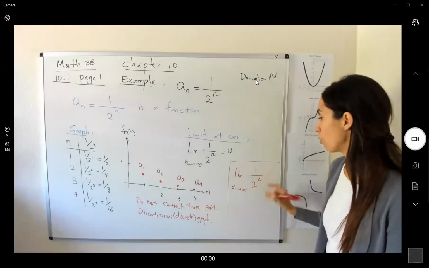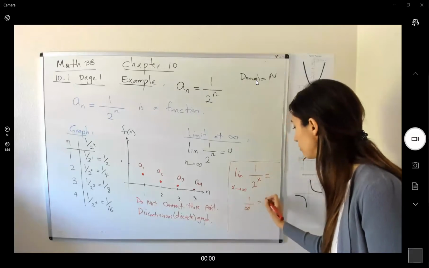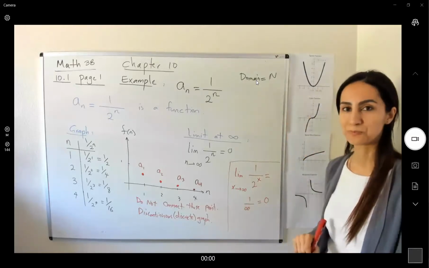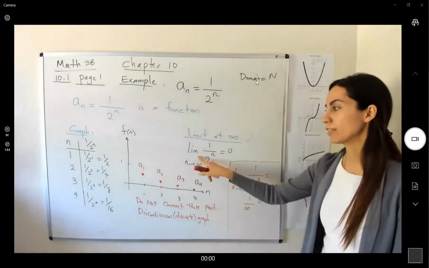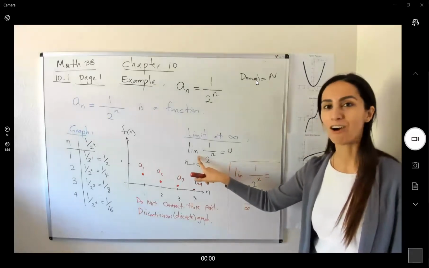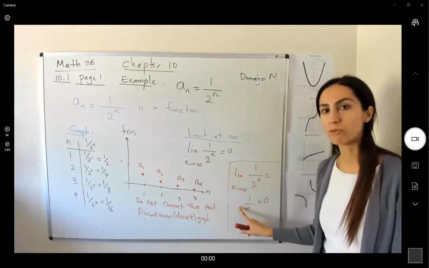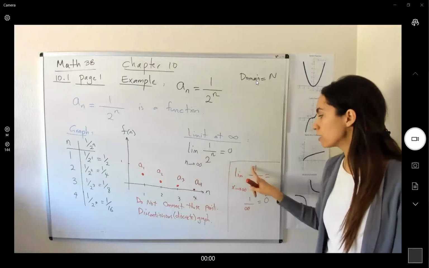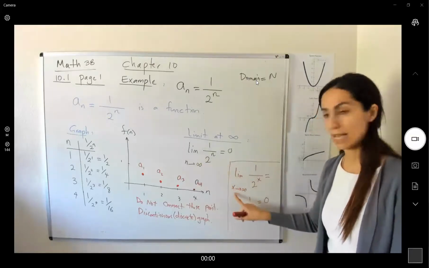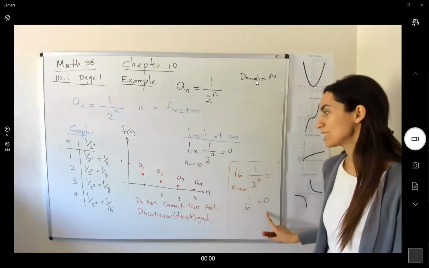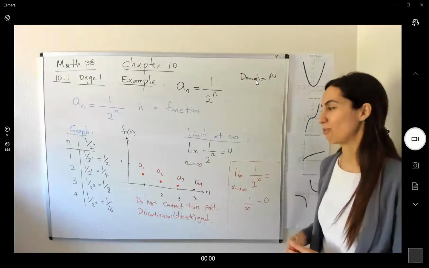You get 1 over infinity, which is 0. So, in general, to understand the limit of a sequence as a function, you can always work with the limit of a continuous function. Instead of using n, you can use x. Whatever the limit is, that's going to be the limit of your sequence.